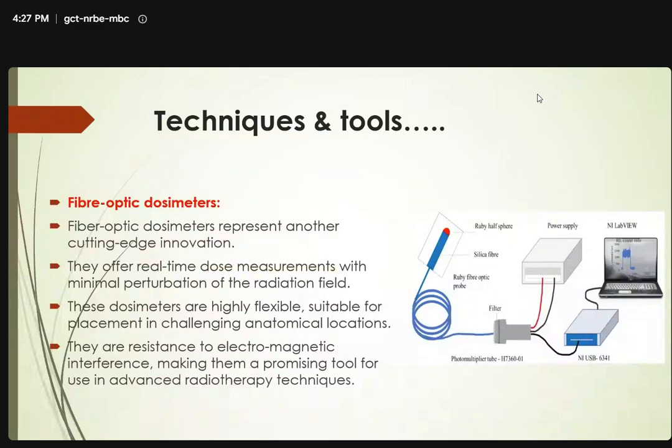And these dosimeters are highly flexible, suitable for placement in challenging anatomical locations. They are resistant to electromagnetic interference, making them a promising tool for use in advanced radiotherapy techniques.